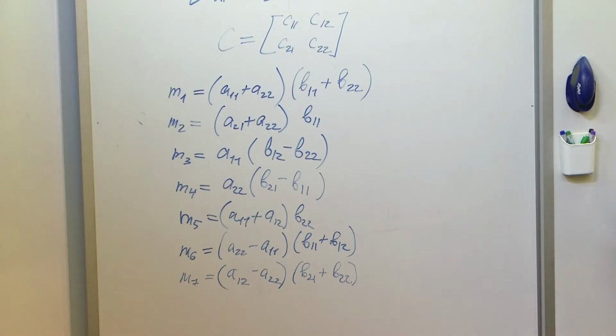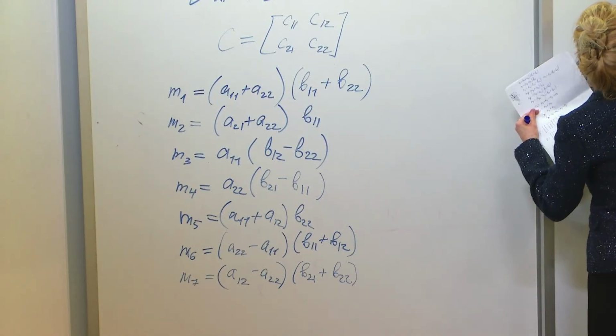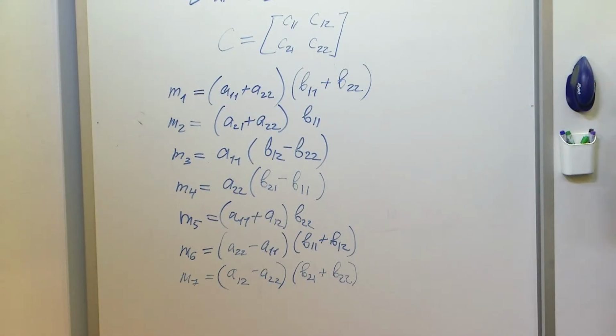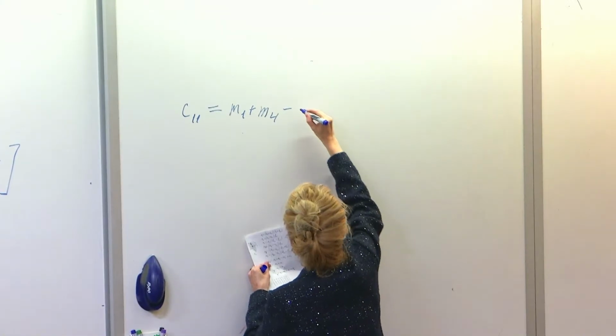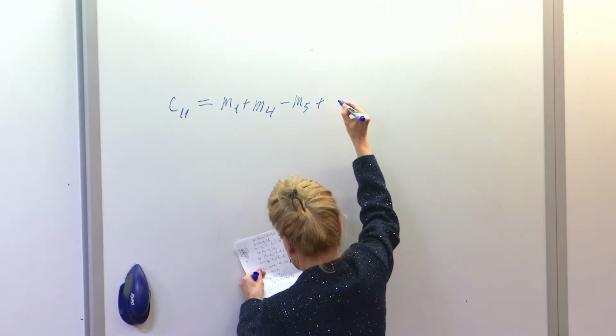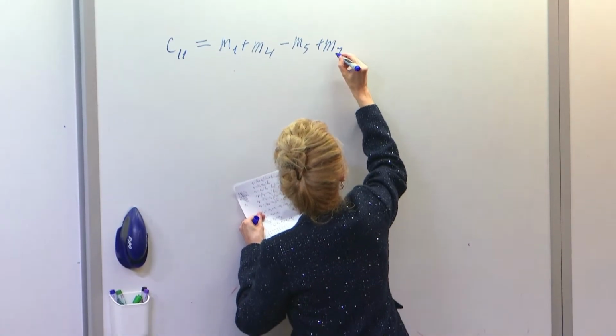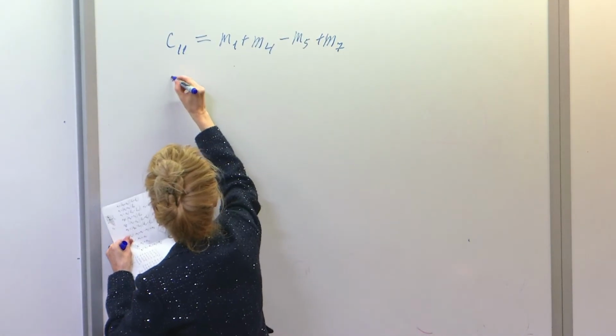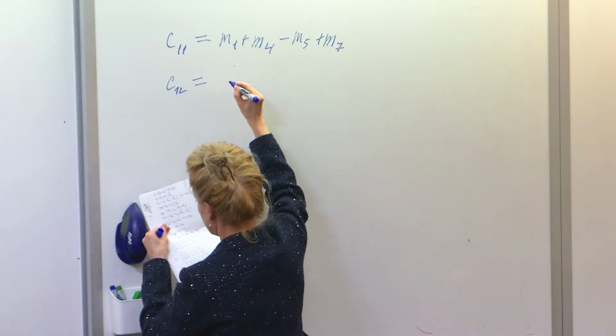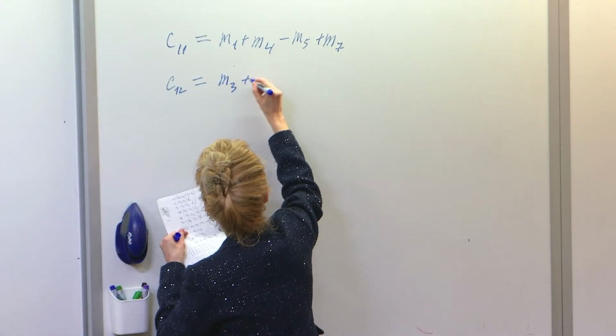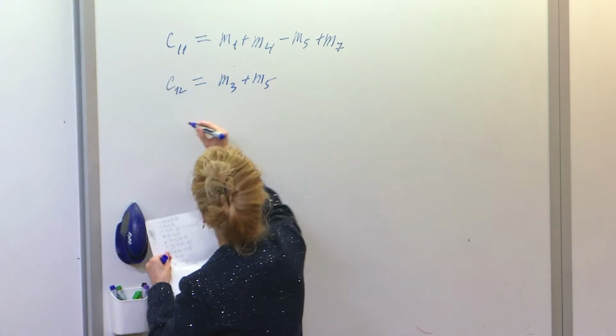How do you get the values of C? To be precise, you need 4 of them, right? So C11 will be just M1 plus M4 minus M5 plus M7. So it's this sort of combination. C12 will be M3 plus M5, I believe.